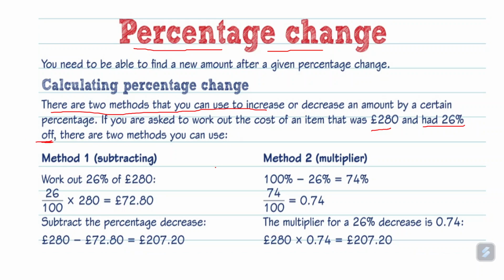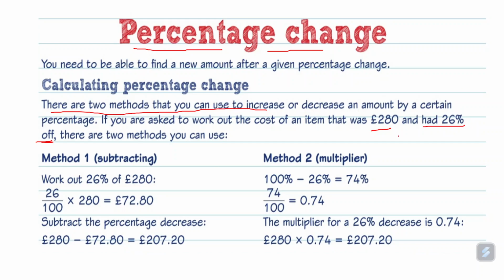So there are two methods. In summary, what this slide is trying to tell us is, going by this question, that if an item costs 280 pounds and you are told that 26% has been taken off.